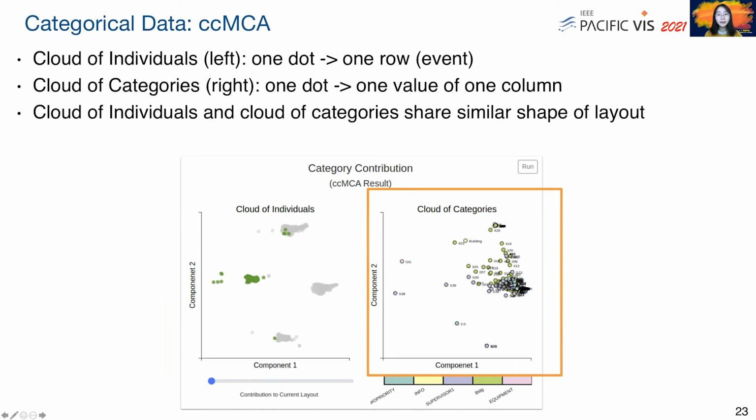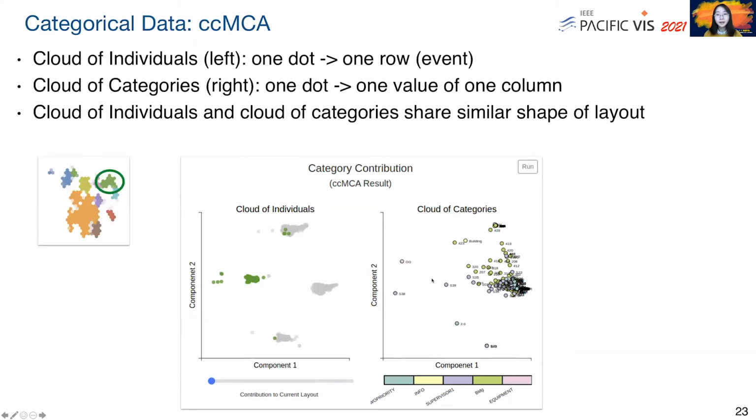In the cloud of categories on the right, each dot represents a specific value of a certain categorical feature. These two plots share roughly the same shape of layout. To look for category values that contribute more to a selected cluster, this green cluster for example, we look for dots from the cloud of categories, located at roughly the same area as the green dots located in the cloud of individuals.